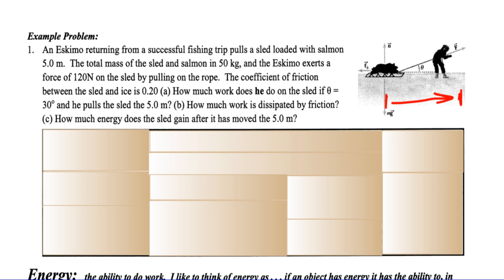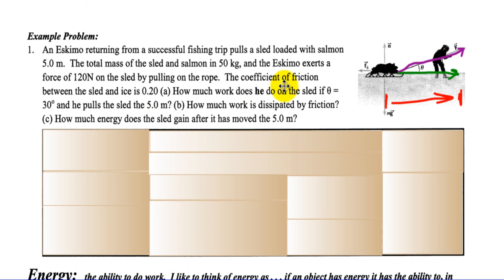Now again, notice that not all of that 120 newtons is directed in the horizontal motion, which is the way that sled is going to move. So we are going to have to find only the horizontal component of that force, because that's the only part of the force that's going to do work.